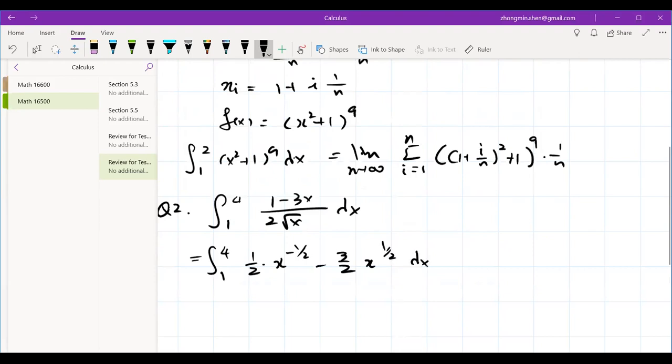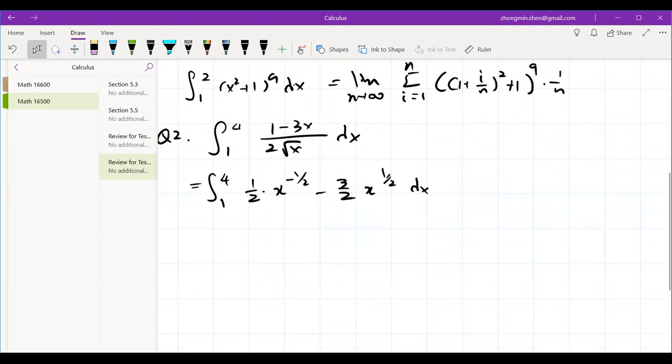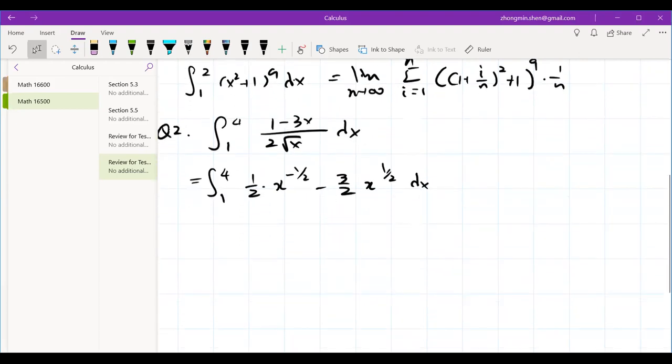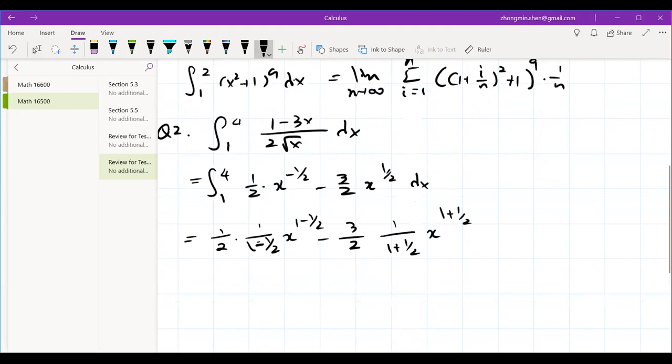All right. The next step is to find the antiderivative of each term. It's going to be x to the 1 minus 1/2 over 1 minus 1/2, minus 3/2 times x to the 1 plus 1/2 over 1 plus 1/2. Okay, and evaluate at the 2 endpoints. So we have to simplify.